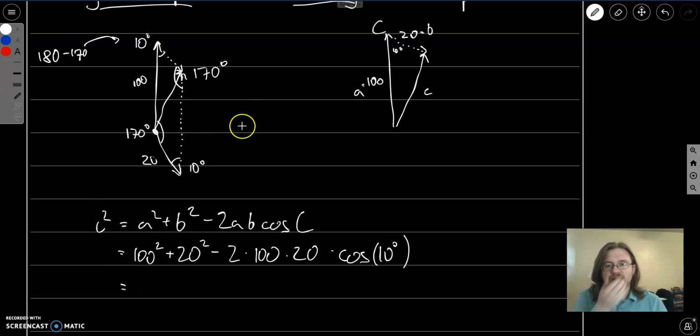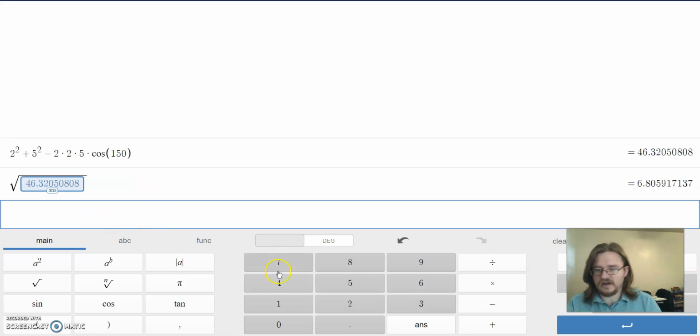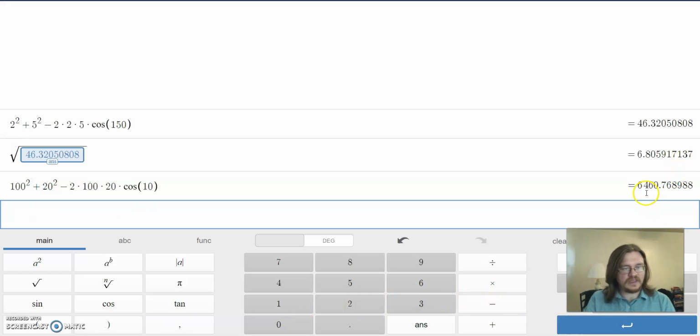And solving for all that, we get 100 squared plus 20 squared minus 2 times 100 times 20 times the cosine of a 10 degree angle, and that's going to be about 6,461.